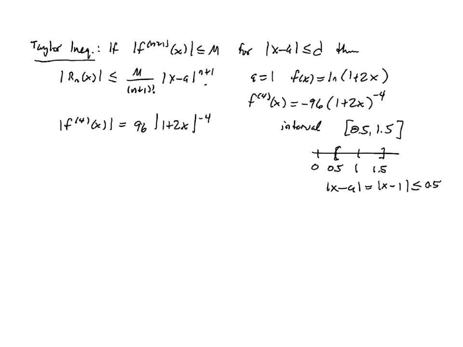Now, because I have all positive values for my x, this absolute value here will go away, so we get 96 times 1 plus 2x to the minus 4. And the thing that you should note is that this function is a decreasing function.